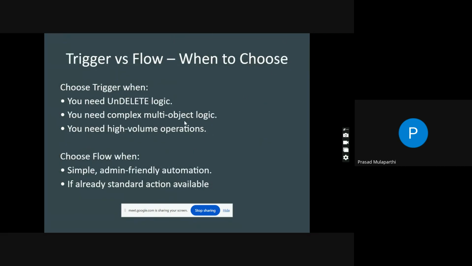Trigger versus flow, when to choose. We should choose a trigger only when a certain use case can't be achieved using point and click tools. For example, the undelete logic. This undelete operation is not available inside any point and click tool in Salesforce. In those cases, we will choose triggers only.